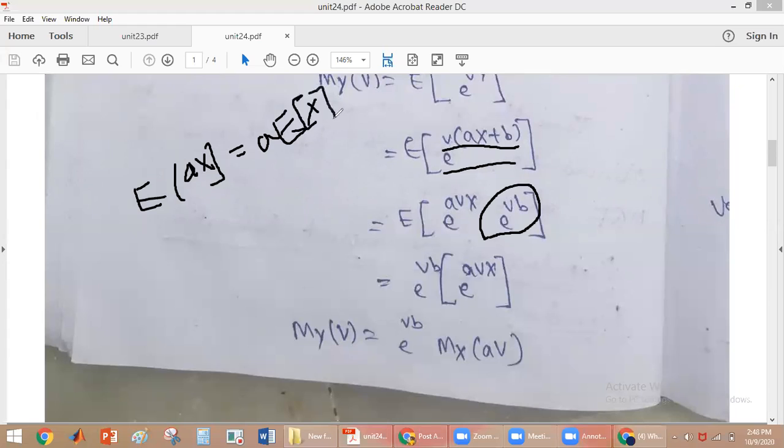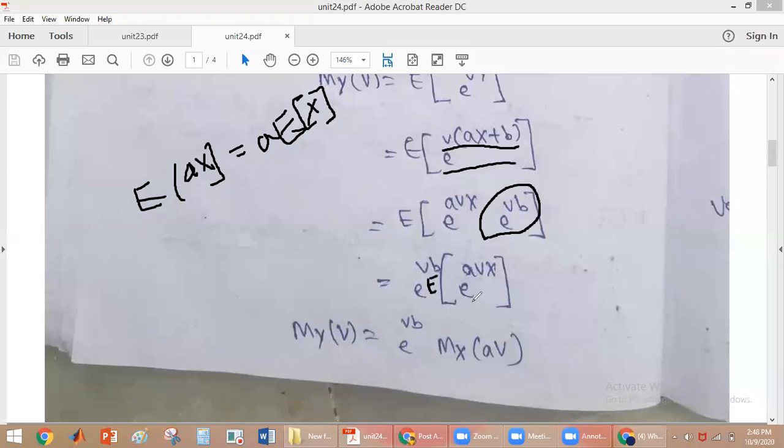Here, what is the constant? e power vb, which does not have any variable. X, Y are the variables here. If you don't have the variable X, then that becomes a constant. So e power vb is the constant, so we will write it as e power vb times the expectation of e power avX.